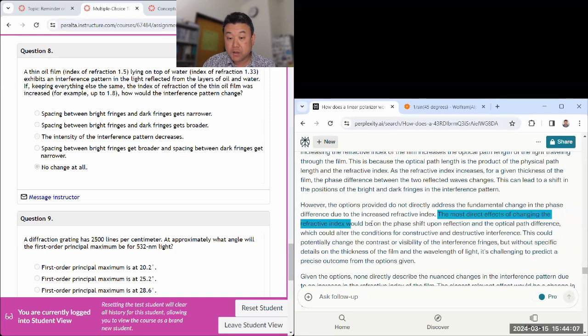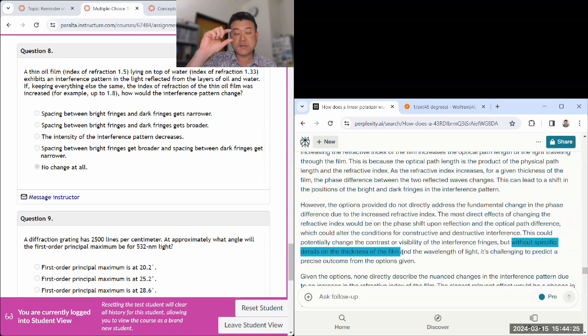Actually, this is wrong. Phase shift upon reflection, if you compare the numbers, you'll see there's no change in the phase shift. But there is this, which could alter conditions, potentially change without specific. No, you don't need the specific details of the thickness of the film, because whatever it is, it's fixed. And with the increasing optical path difference, the spacing should get narrower, I think.